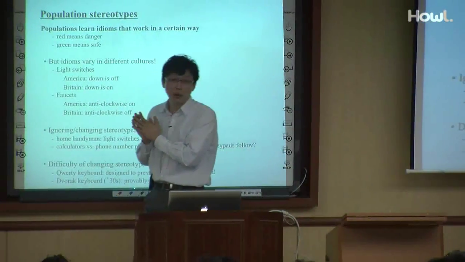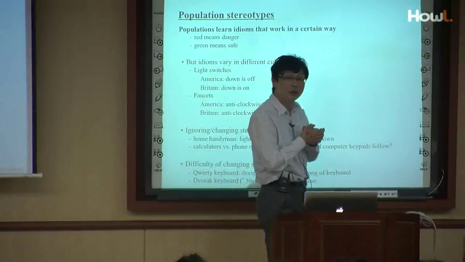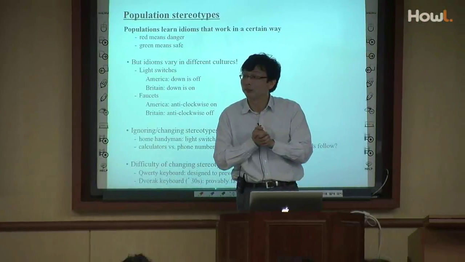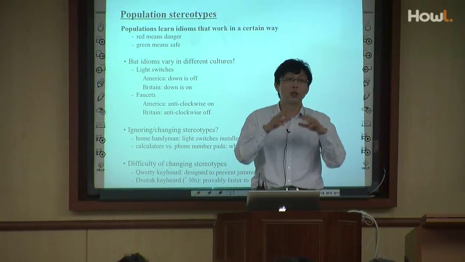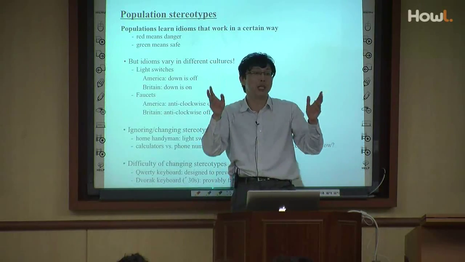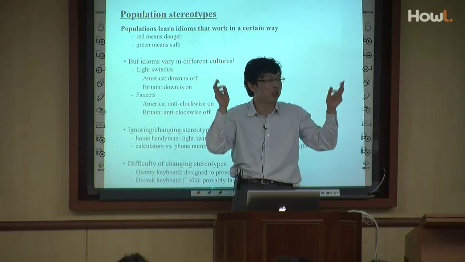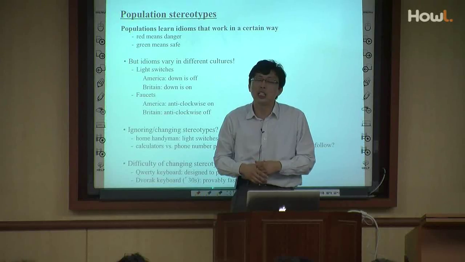Red means danger in Korea, and in most Western countries. In China, red means money. Red is fortune. When you look at Chinese movies, there are heaps of red colors. It's not a danger meaning, it's money and fortune. Green means safe. In some countries, green is not different.